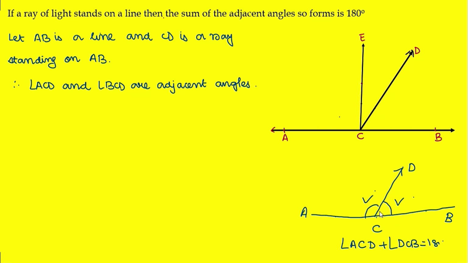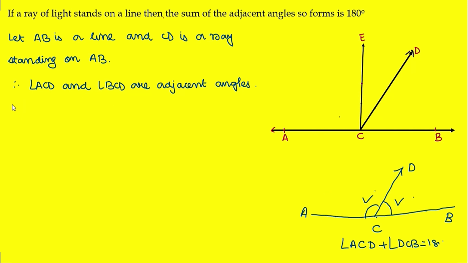Now, along with this figure alone we cannot prove the statement. You have to do some extra modification in this existing diagram so that it becomes easier for you to solve the sum.